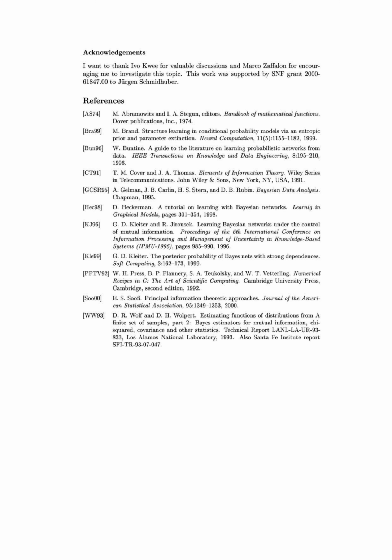E. S. Soofi, Principal Information Theoretic Approaches, Journal of the American Statistical Association, 95:1349-1353, 2000. D. R. Wolf and D. H. Wolpert. Estimating Functions of Distributions from a Finite Set of Samples, Part 2, Bayes Estimators for Mutual Information, Chi-squared, Covariance and Other Statistics. Technical Report, LA-UR 92-833, Los Alamos National Laboratory, 1993. Also Santa Fe Institute Report, SFI TR 93-07-047.